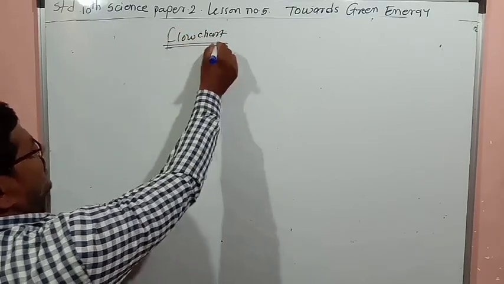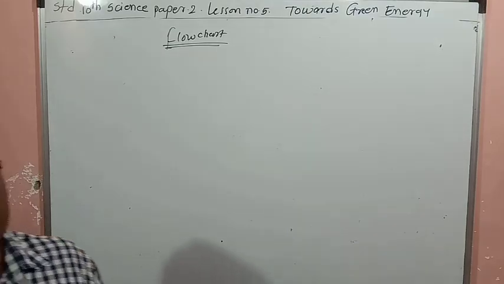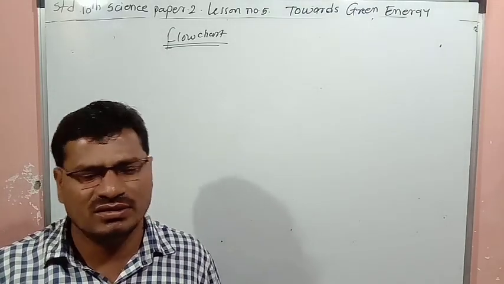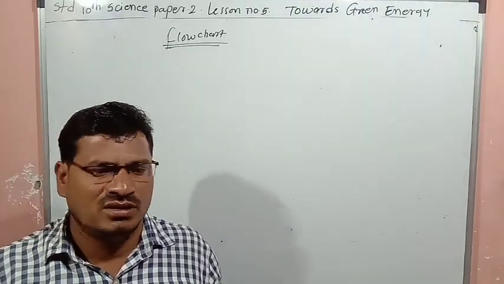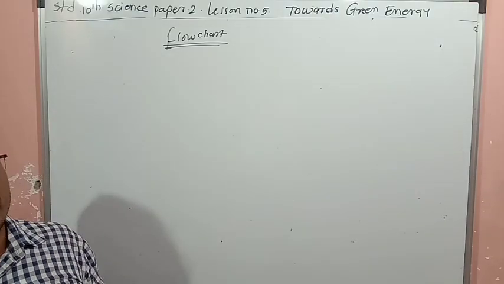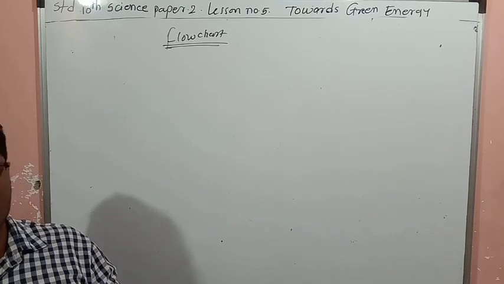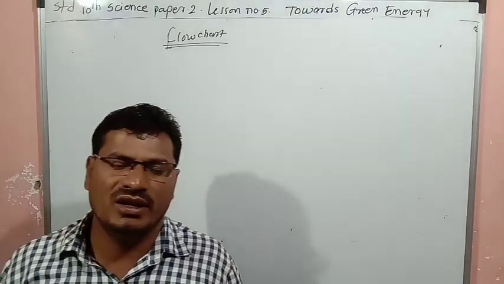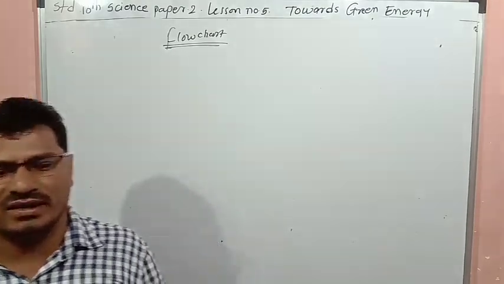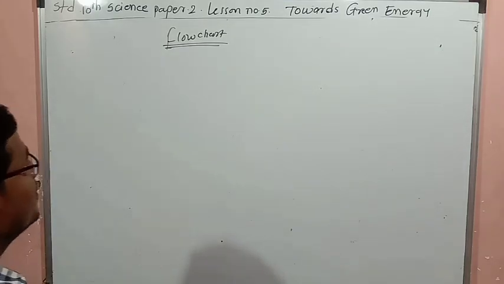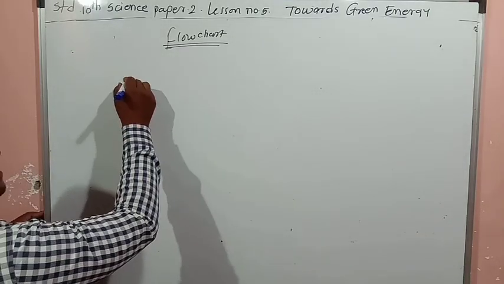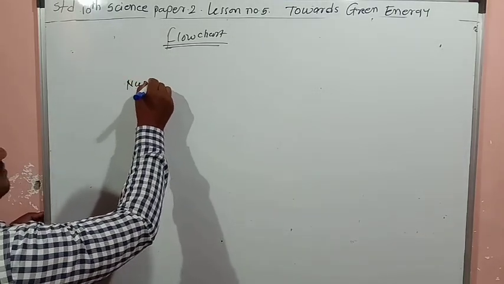So in the flow chart of the nuclear reactor, nuclear fuel is there, then a boiler you are using to convert water into steam, then a steam turbine is there, and then a generator is there. You can also say it is a block diagram.